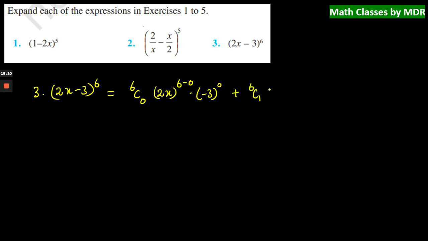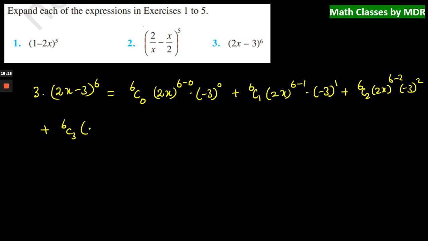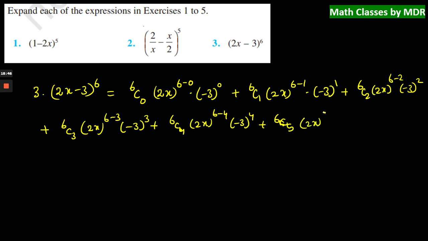And then 6C1, 2x to the power 6 minus 1 into minus 3 to the power 1, plus 6C2, 2x to the power 6 minus 2, minus 3 whole square, plus 6C3, 2x to the power 6 minus 3, minus 3 whole cube, plus 6C4, 2x to the power 6 minus 4, minus 3 whole to the power 4, plus 6C5, 2x to the power 6 minus 5, minus 3 whole to the power 5, plus 6C6, 2x to the power 6 minus 6, minus 3 whole to the power 6. Right? So these are the terms we have.